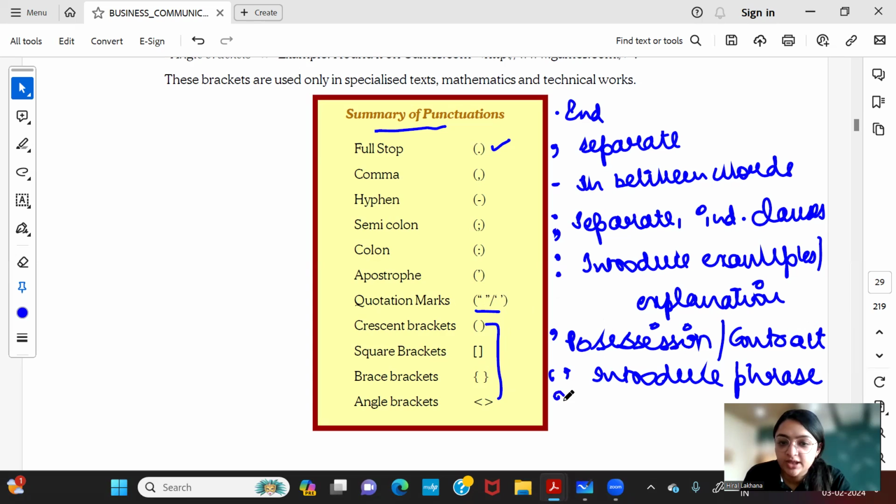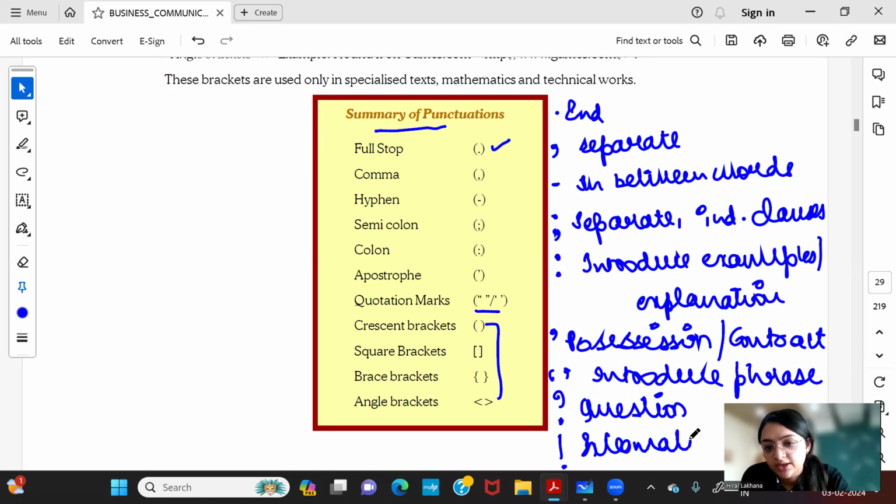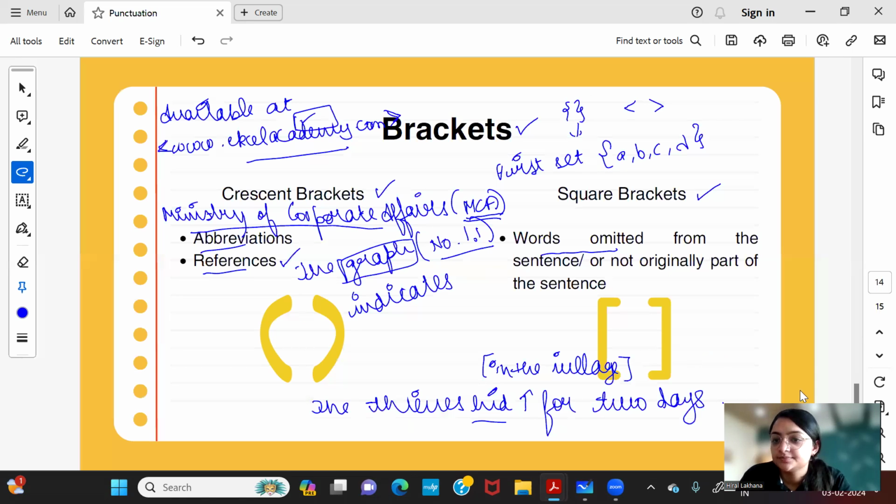And in addition to that, we have the question mark that is used at the end of any question. And then we have the exclamation mark, which is used at the end of any particular exclamation. Yes, so these are all the punctuation marks that are used in the English language, in order to enhance the quality of the sentences that we are using, to give modulation to all the sentences, and to provide better clarity.